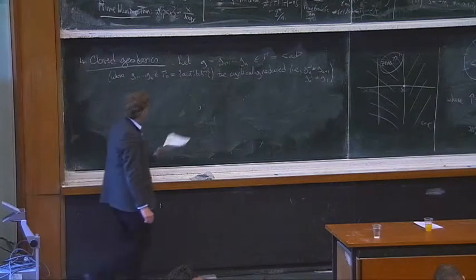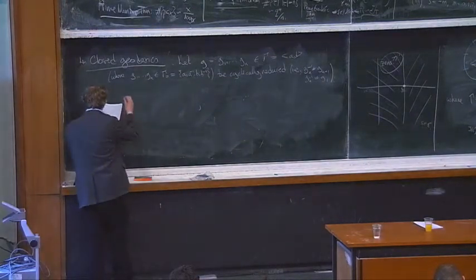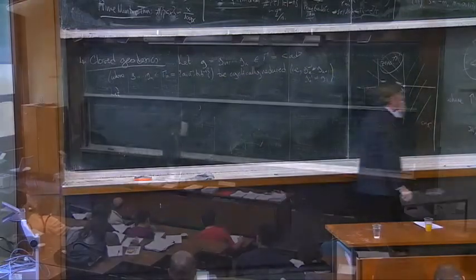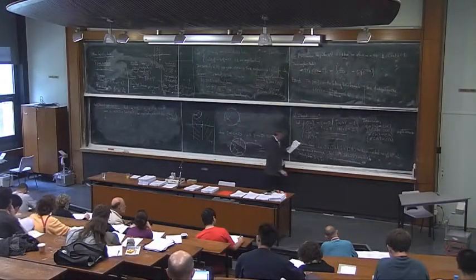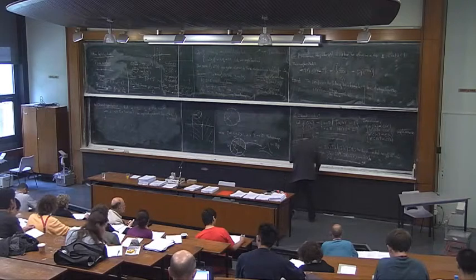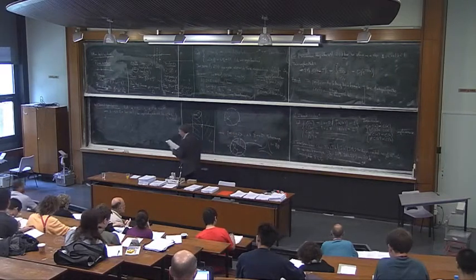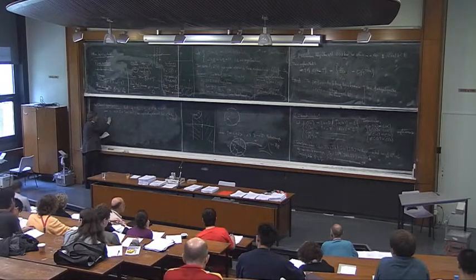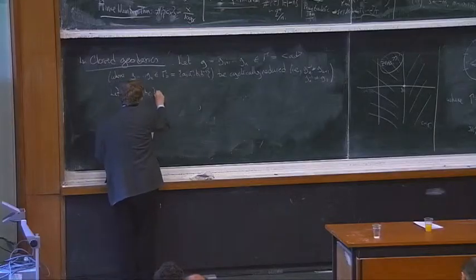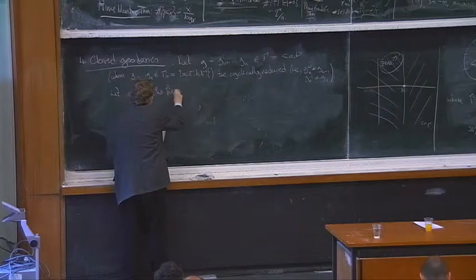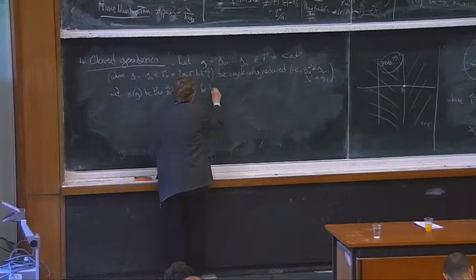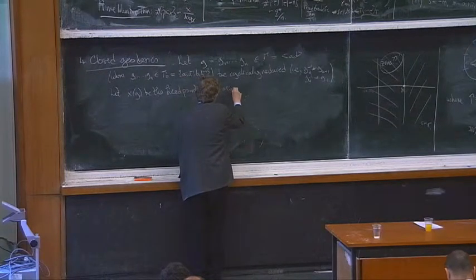So I can think of these guys, and then if I think of the associated transformations, there'll be a fixed point for the associated map. So let x of g be the fixed point for the associated map.